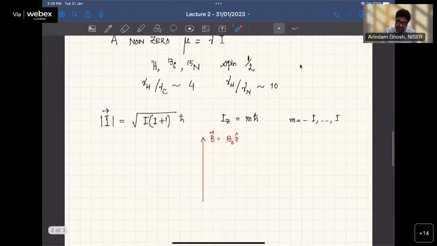Now the question is, is it going to align in this way? Let me try to draw with blue. If this is one, then is it going to align in this way? This is going to be my mu.